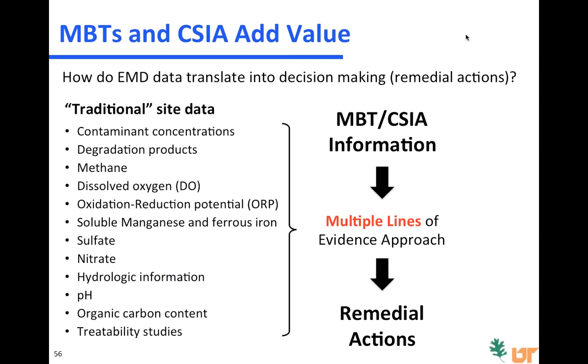So what we need to do is we need to also collect these MBT, compound-specific isotope analysis information, develop a multiple lines of evidence approach for what remedy is most promising, and then make remedial actions. If you don't have all this information together, you're guessing. Maybe you're lucky and you implement the right strategy, but maybe you're not.